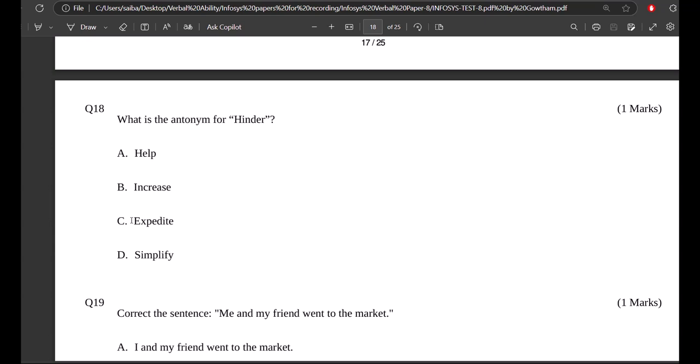Now you may have a question, why not increase? Increase means making something larger, bigger, or adding up. But when it comes to slow down, the opposite would be expedite. That means to speed up.